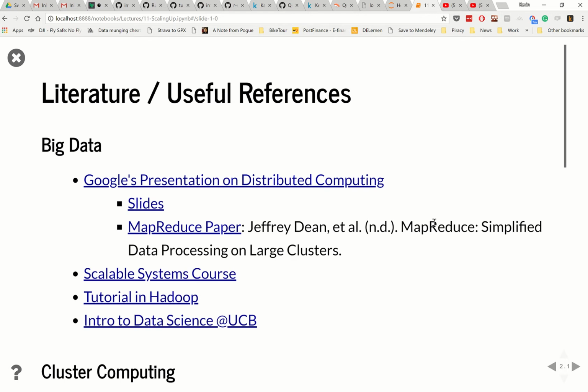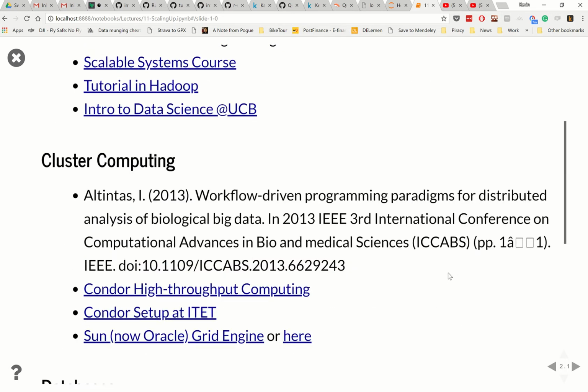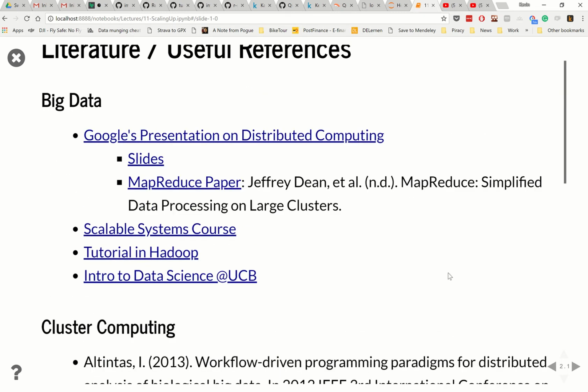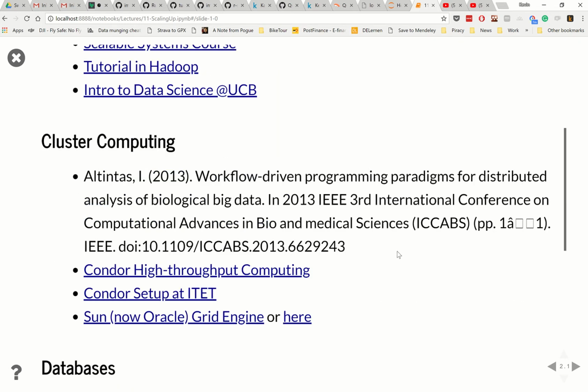So of course, there's lots of literature and useful references. A lot of the things you see here will be referenced very briefly in the lecture, particularly these top ones, which serve as more of the theoretical basis for a lot of what we're doing. And then sort of the specific things with ETH that we have info on, Condor. So if you're at ETH, how you can use the tools here.